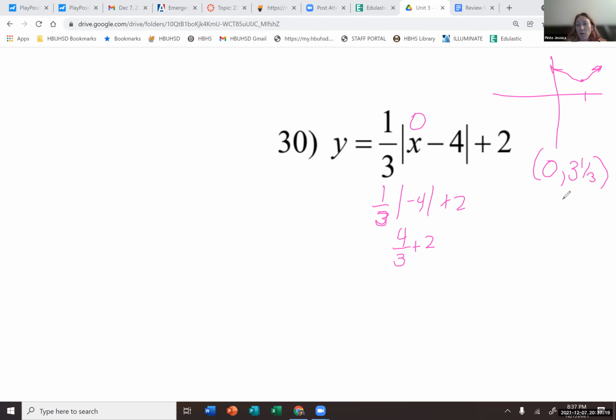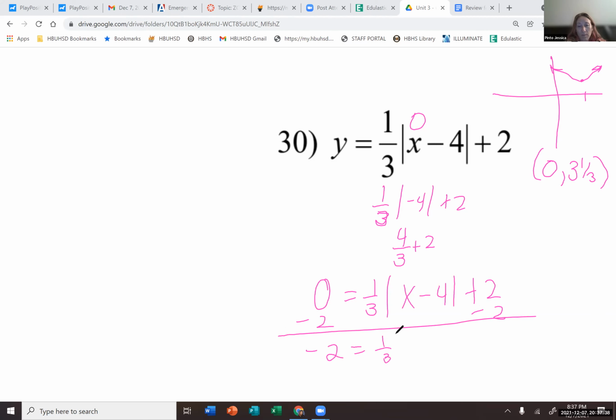And then I know there will be no X-intercepts, but how do I know that mathematically with this equation without knowing how to graph it? Well, I replace the Y value with 0, get 1/3 absolute value of x minus 4 plus 2. I subtract 2. I've got negative 2 is equal to 1/3 absolute value of x minus 4. And then this is a fraction, so I use the reciprocal.